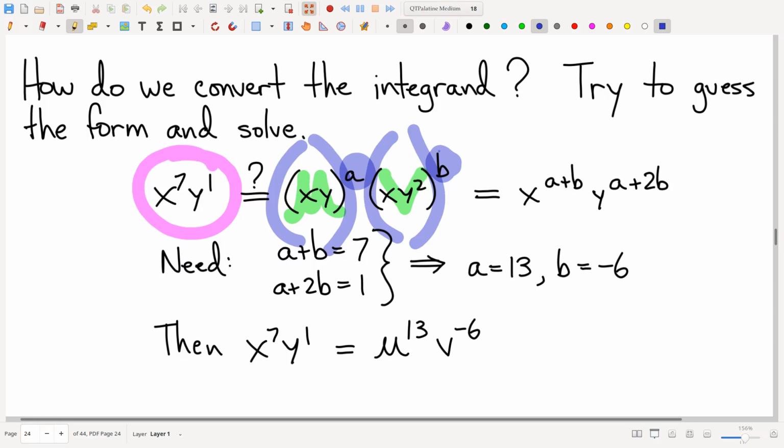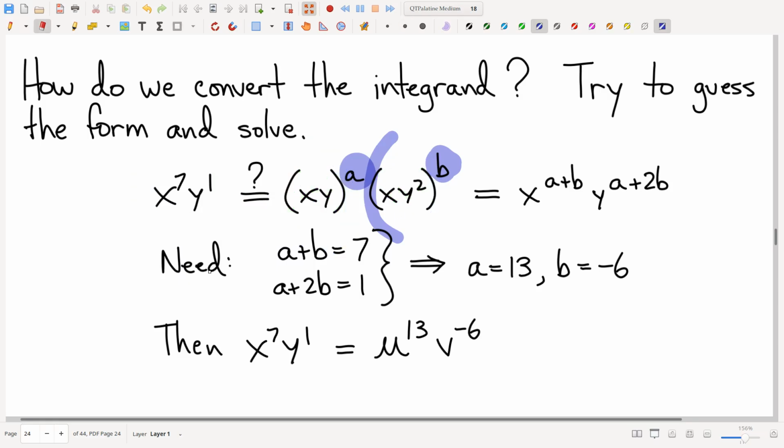Not really. You just got to look at what you have and look at what you need and think what will allow me to turn what I have into what I need, and it's going to be different every time. So anyway, I make this guess, and then it's just a matter of multiplying everything out and solving for A and B, and that's just algebra.